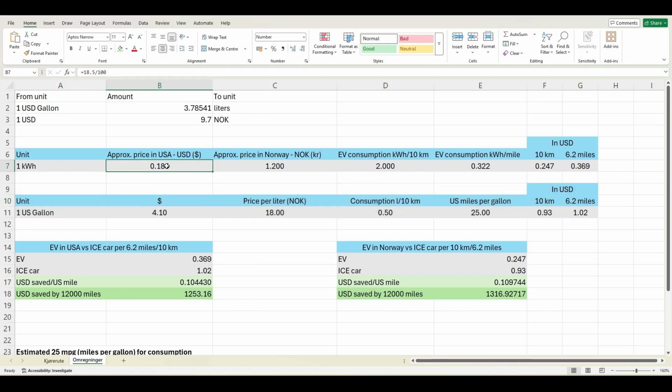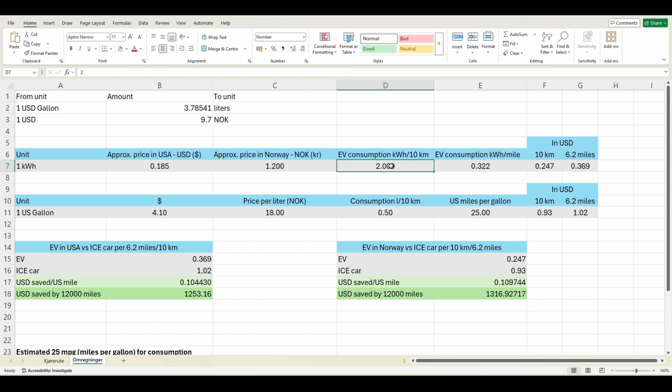First of all, we see the price per kilowatt hour in USD, and approximately the price also in Norway. I would say maybe it's closer to 1.5. It depends a bit on how you calculate it. But about 1.2 is acceptable to put in here.